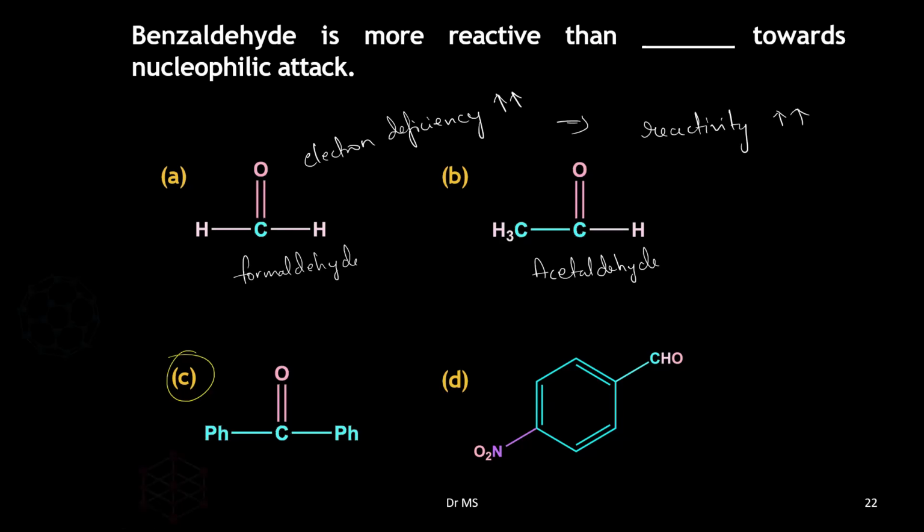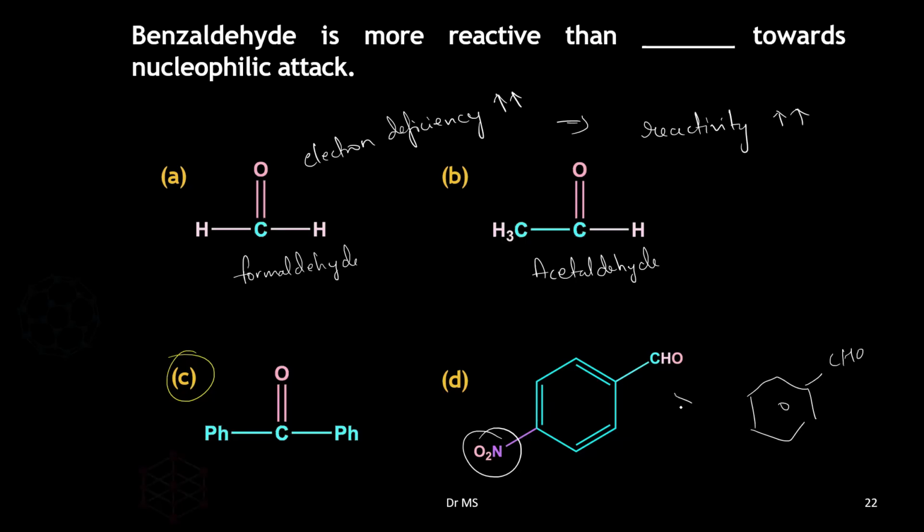Let's see the next one, option D. Let's come back to C later. First, we'll see D. Here there is an NO2 group present. There is a benzene and there is an aldehyde. This is the benzene and CHO, the benzaldehyde. Compared to benzaldehyde, will the reactivity be more or less?